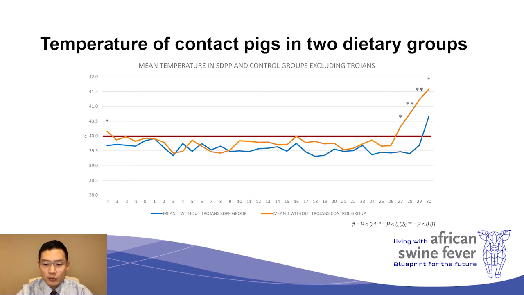For most of the time, the average temperature of the 2 groups is below 40 degrees, so they don't have any fever. However, at the end of the study, the control group does develop a high fever quicker than the plasma group, which suggests that the control group is being infected quicker and developing the clinical signs much quicker compared to the plasma group.